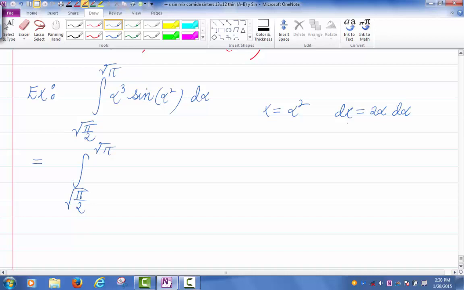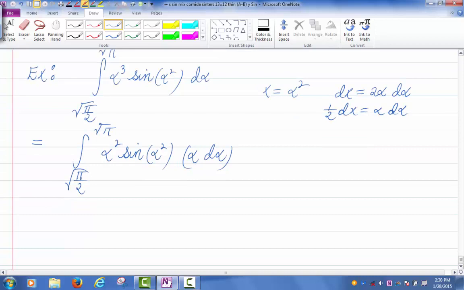Let me write this way: half dx would be alpha d alpha, right? So to go from d alpha to dx, I need a factor of alpha. So you see, I have alpha cubed. I'm going to save a factor of alpha with d alpha, and then the remaining is alpha squared sine of alpha squared, right? I haven't done anything. All I did is rewrote.